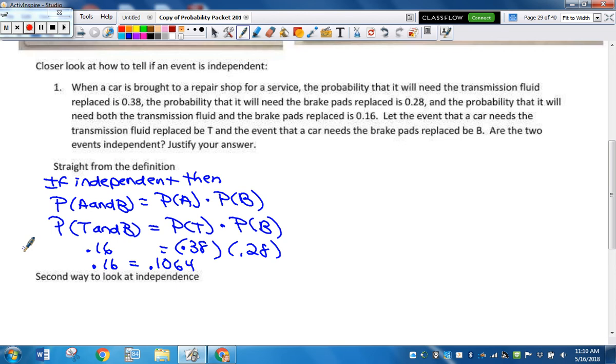Straight up off the definition, if they give you everything you need. Okay? So we would say, since the question was whether they are independent.